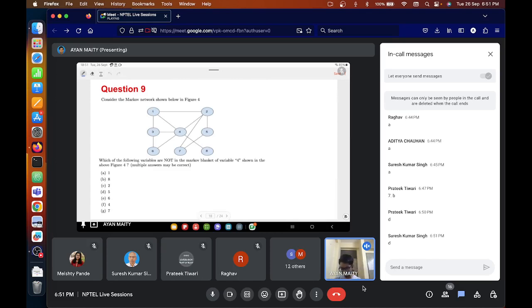Now question 9. So a Markov network or undirected Bayesian network is given here, which contains 8 nodes and several edges between these nodes. Which of the following variables are not in the Markov blanket of variable 4 shown in this figure?